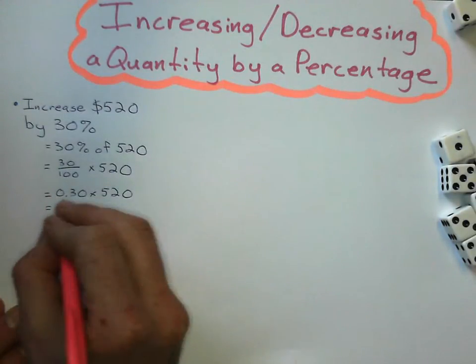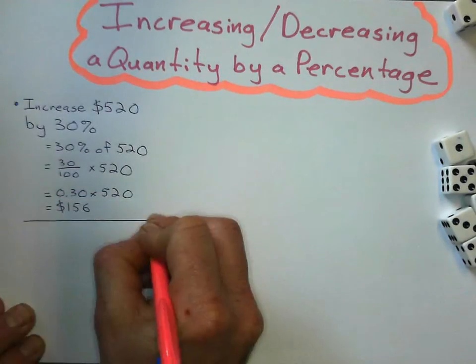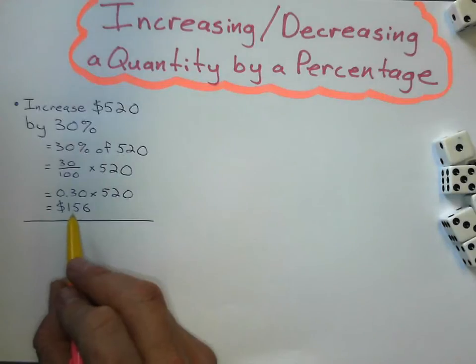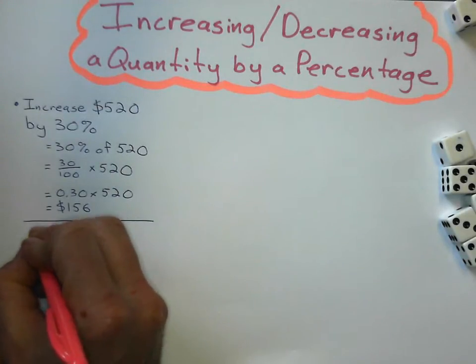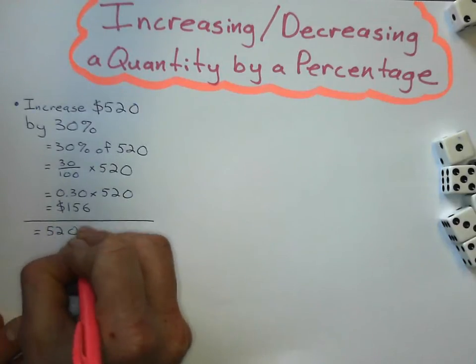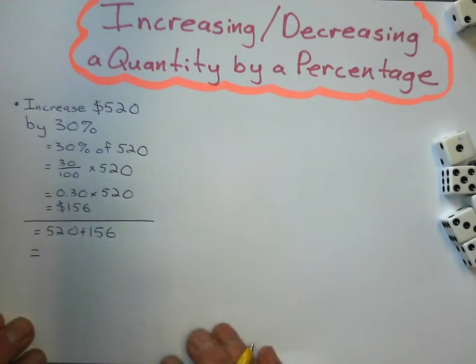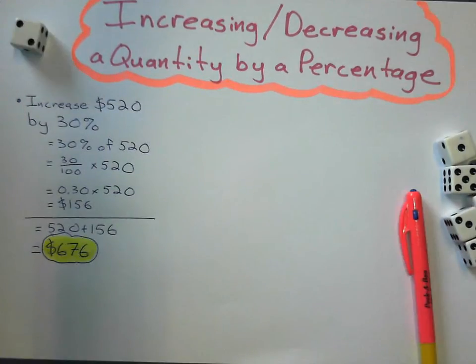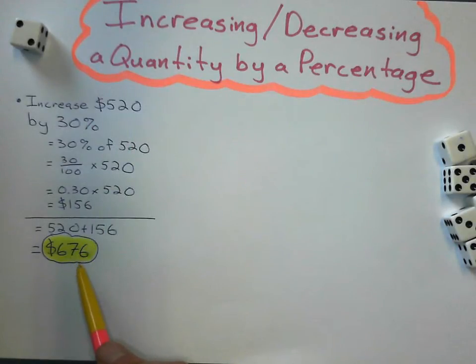I get 156, I think. That's the 30% of 520, and the increase means add. Increase means added on to the original amount. Okay, so a 30% increase of 520 gives me $676.